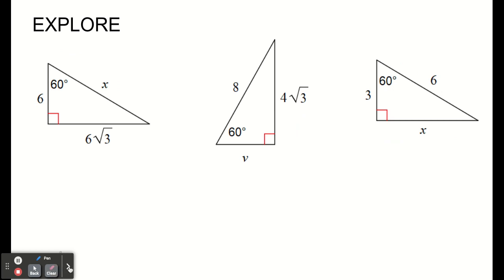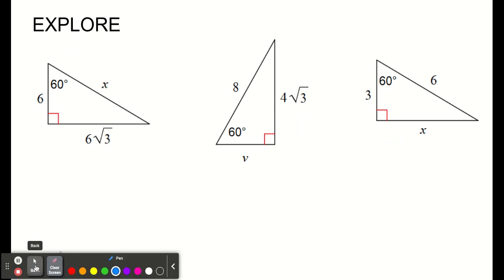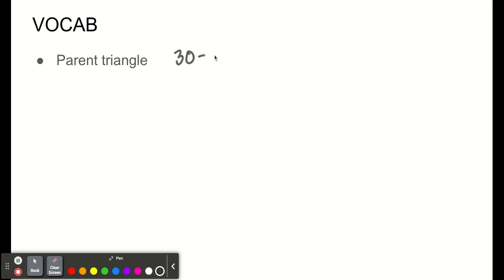So let's take a look at the vocab and fill in our parent triangle. So the parent triangle of a 30, 60, 90 triangle. So remember, anytime we have a right triangle, that's going to have a 90-degree angle. So here is a 30, 60, 90 triangle.